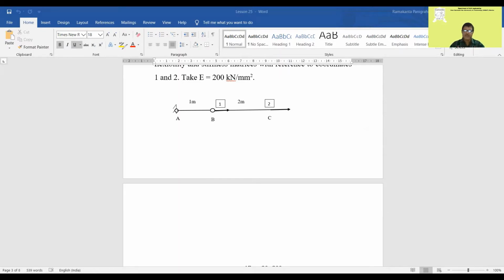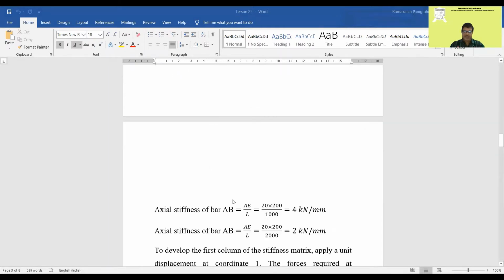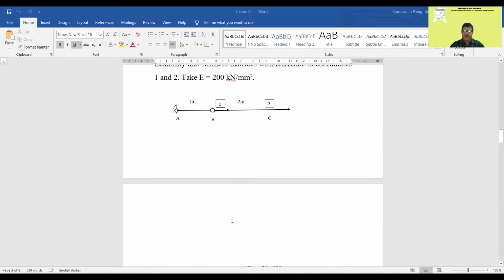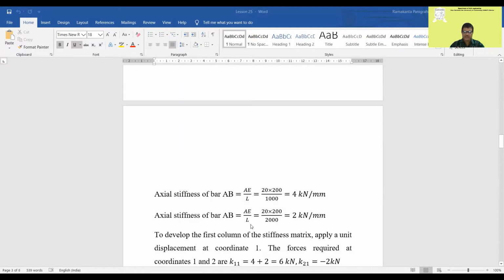So we can find the member stiffness: axial stiffness of bar AB is equal to AE by L. Similarly, the axial stiffness of bar BC, that is 2 meter. So this is not AB, this is BC. So AE by L, AE remains the same, and L is equal to 2000 millimeter.